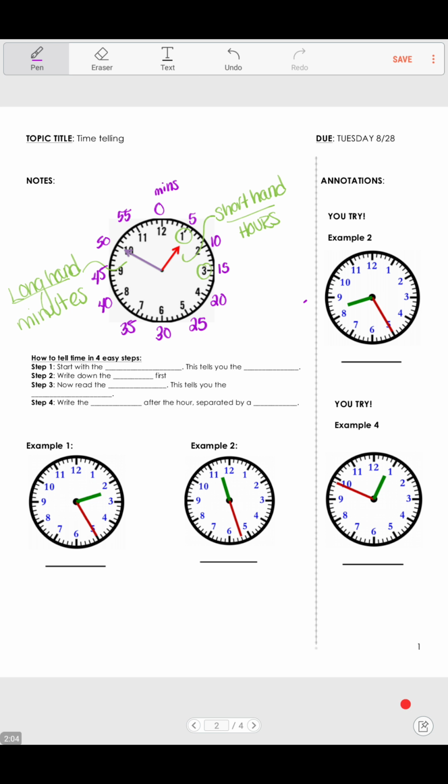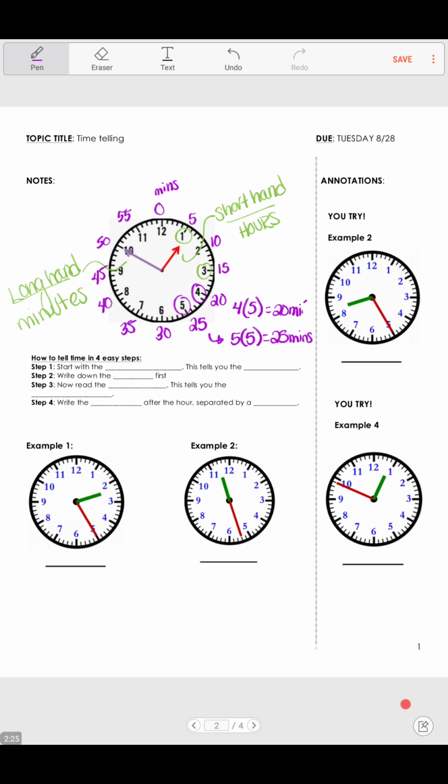Okay, so if you ever forget that, for example, if you take the shorthand time, so the hour, which is 5, and multiply it by 5, it gives you the minutes. Okay, so any of these numbers, so 4 times 5, gives you 20 minutes.